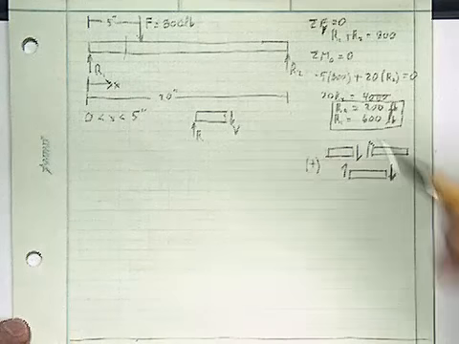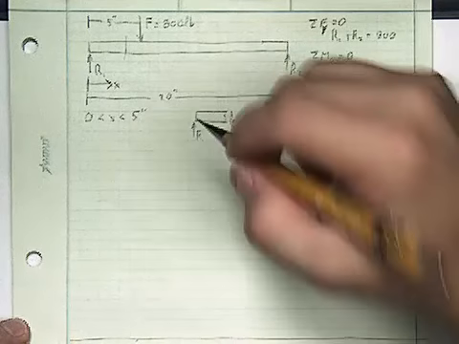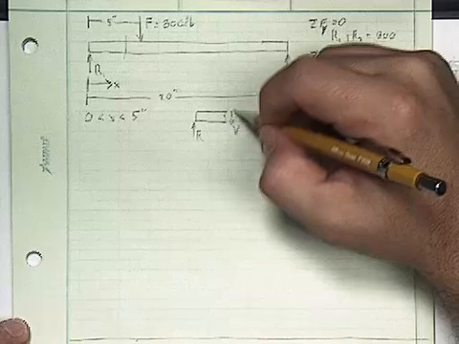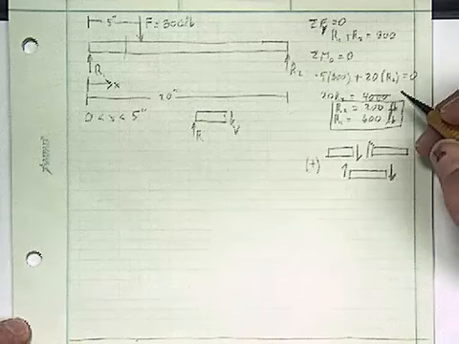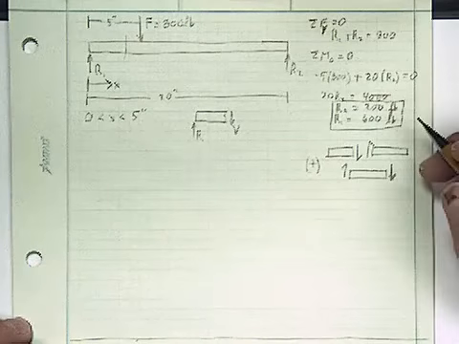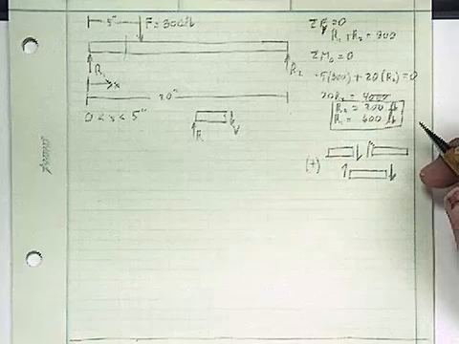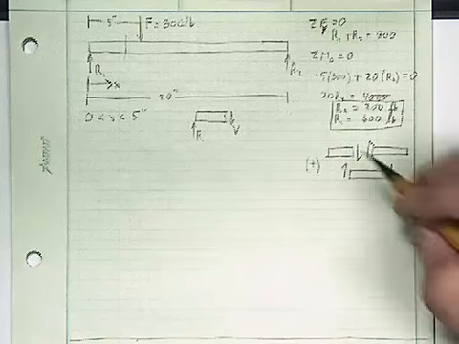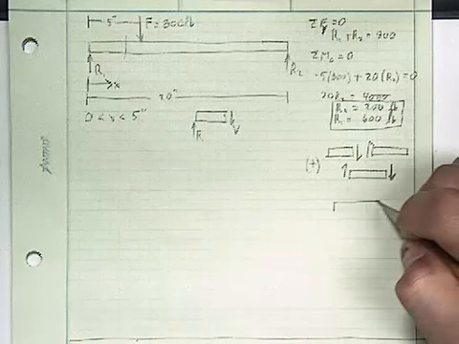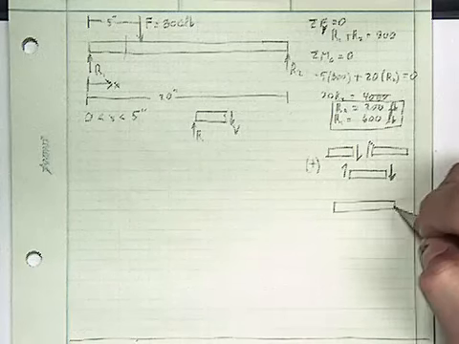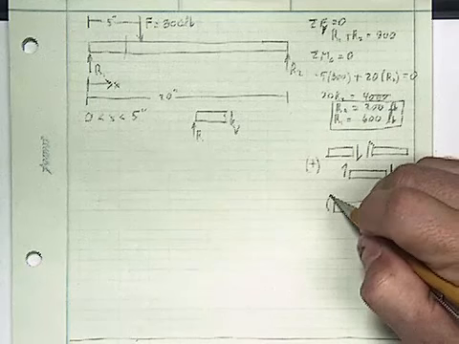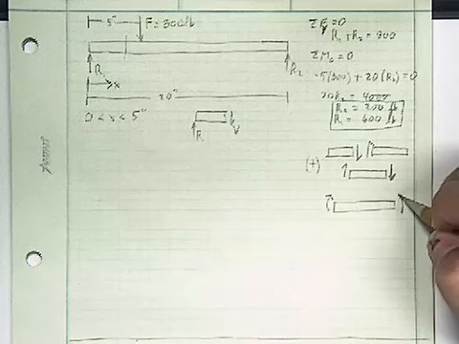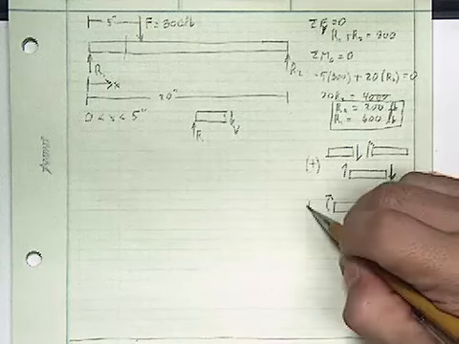Okay, and now let's sum forces. Let's see, there's another thing that's happening inside here. There's also a moment that's being resisted. And the convention for resisting a moment, the standard way most people have learned it, is to consider if you're making a smiley face, that's positive. So this is the positive convention.